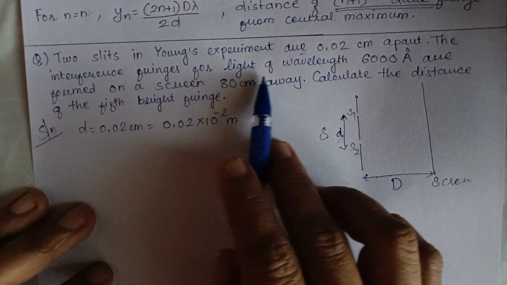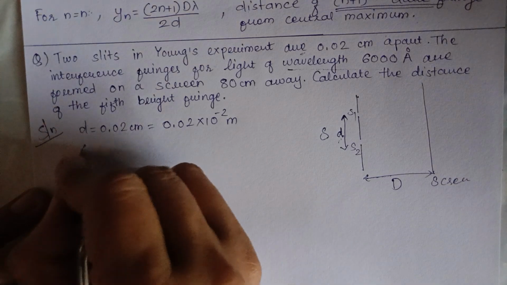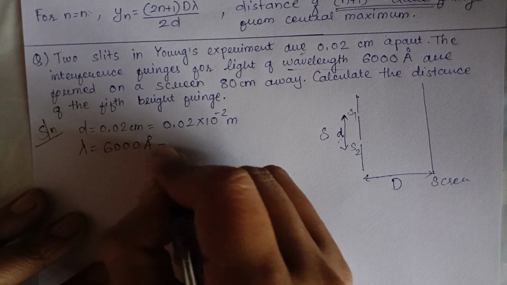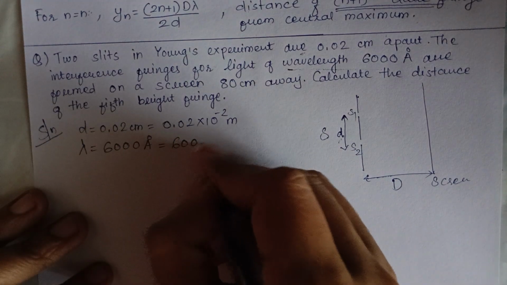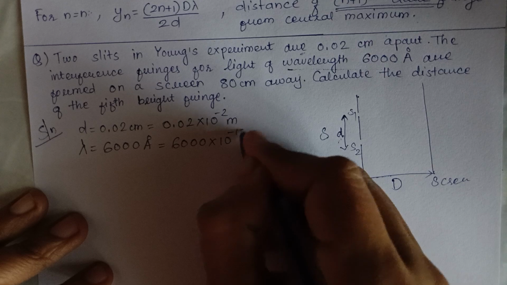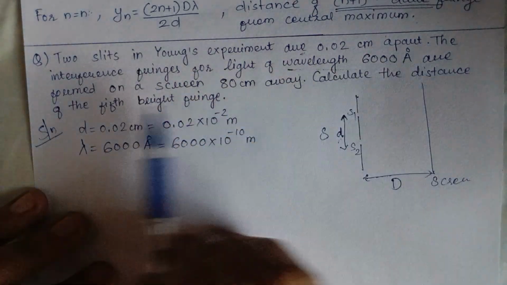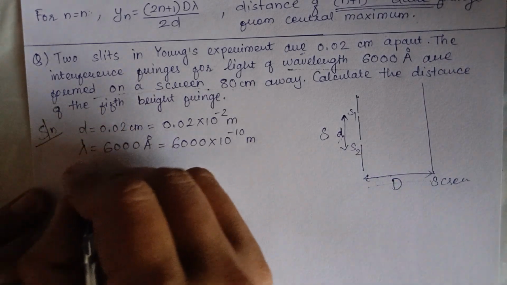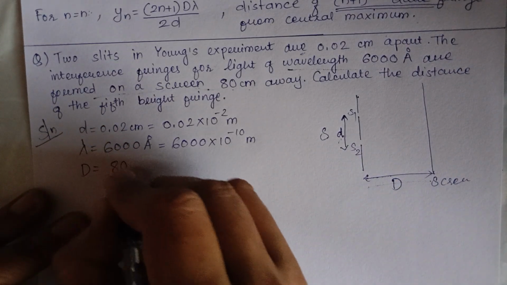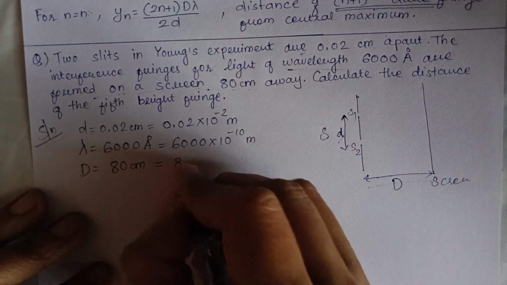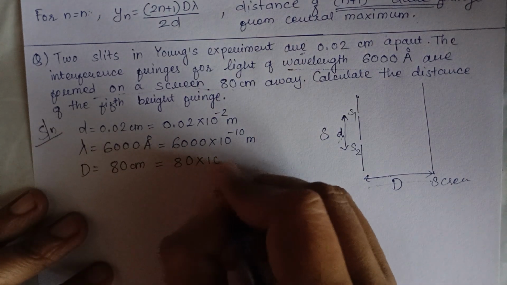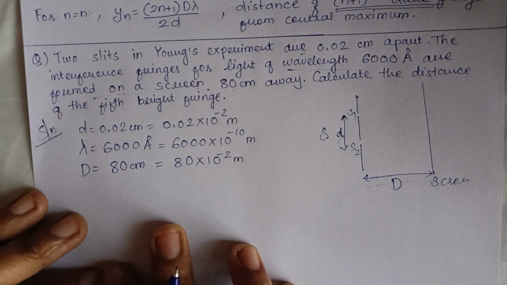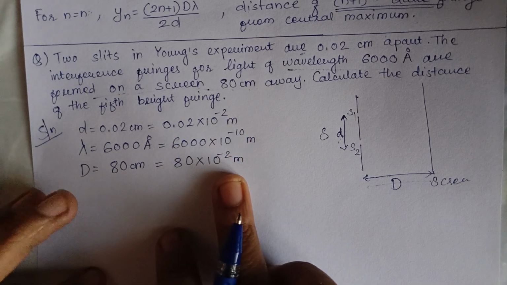Then the wavelength lambda is 6000 angstrom. Again convert it to meter, so 6000 into 10 raised to minus 10 meter. Okay, the fringes are formed on a screen 80 centimeter away. So this is 80 into 10 raised to minus 2 meter. Okay, so all are in meters.